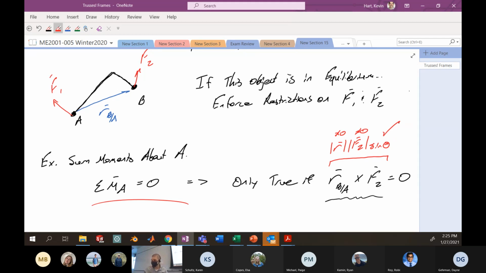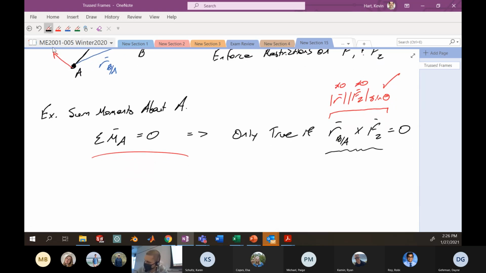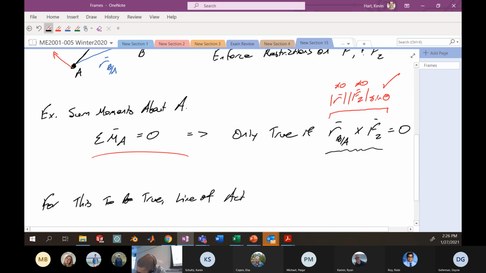And that is that the line of action of F2 is directly along the line of R. So for this to be true, the line of action of F2 must be through point A.